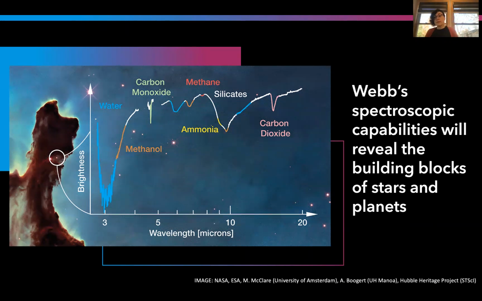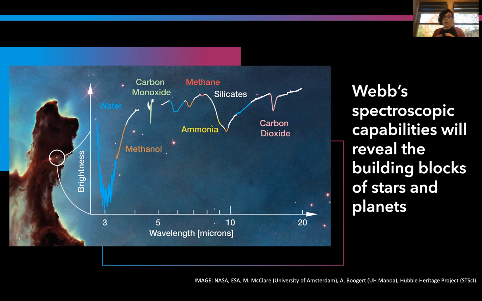The infrared wavelengths that Webb can observe are also particularly interesting to understand how life arrived on Earth, how Earth was able to develop life. In fact, in the near and mid-infrared, we start to see a series of complex molecules like water, methane, ammonia, methanol.